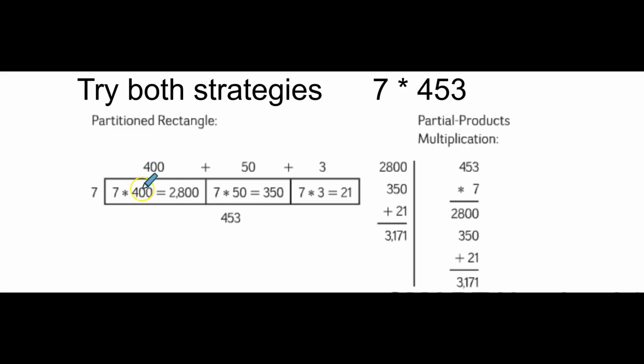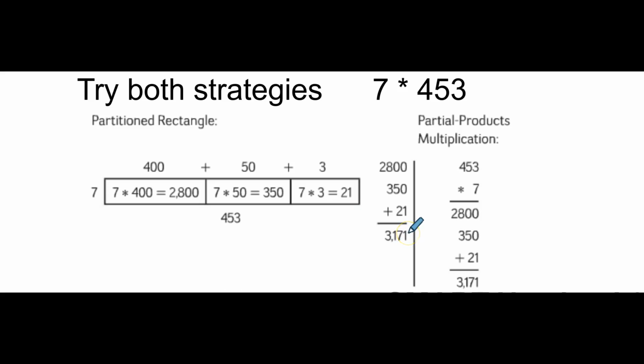We're multiplying 4 hundreds, so our answer is 28 hundreds. Okay, we have our 7 times 50 and our 7 times 3, and then we add our 3 partial products. They're just inside a rectangle.